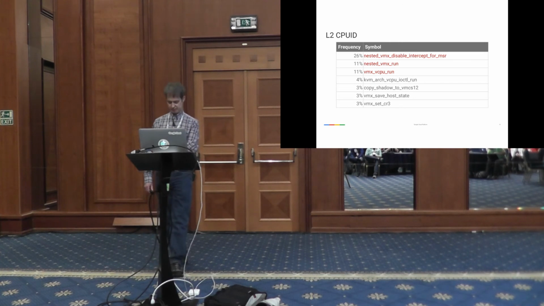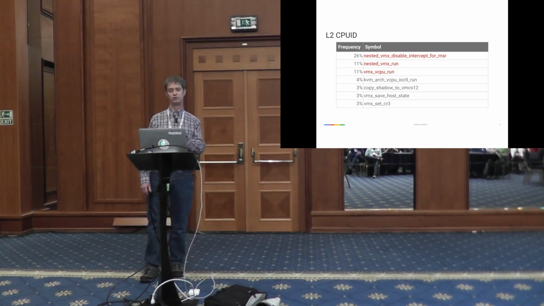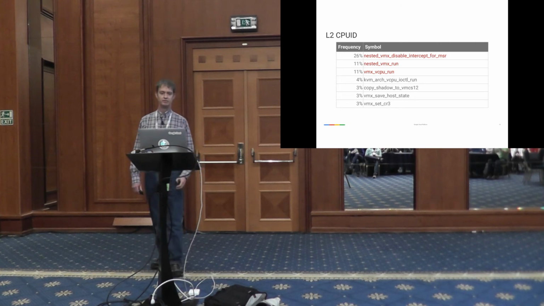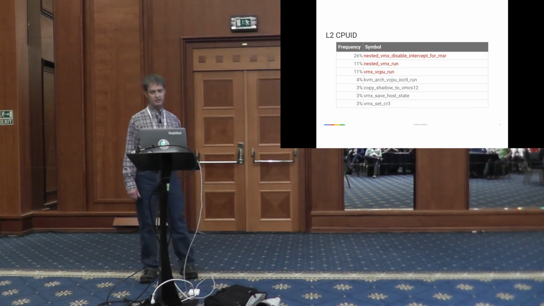And VMX vCPU run is the function that actually does the VM enter from L0 to either L1 or L2. I've highlighted those in red because they appear on every one of these slides that I did the perf on. So those are generally fairly important.